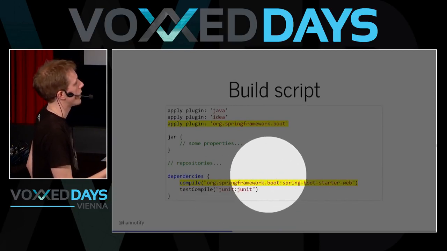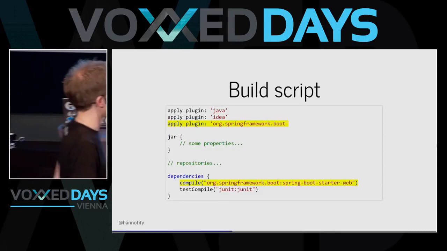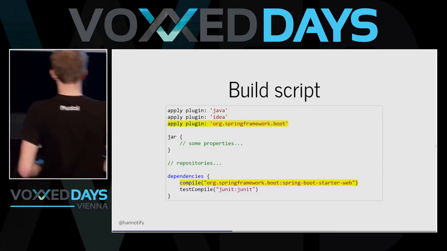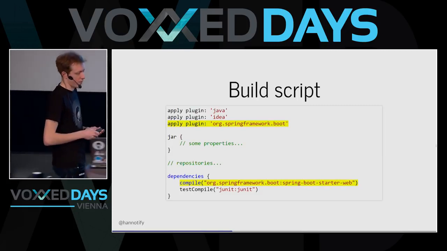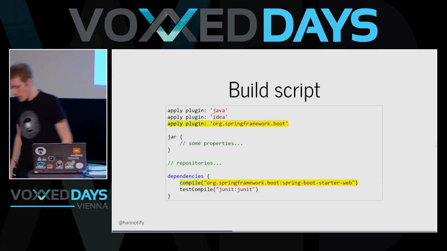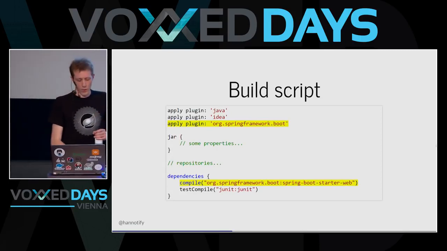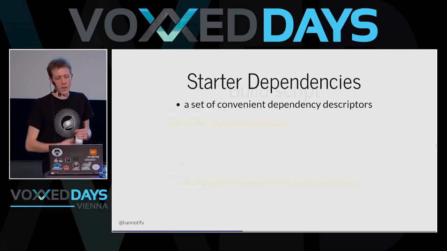In this case, we've chosen the web starter, but you can choose whichever you want. There are a lot of them. And you would also need the Spring Boot Gradle plugin to make sure that all the functionality from their plugin is available. This will also work with Maven, by the way, but I've chosen the Gradle script in this slide.